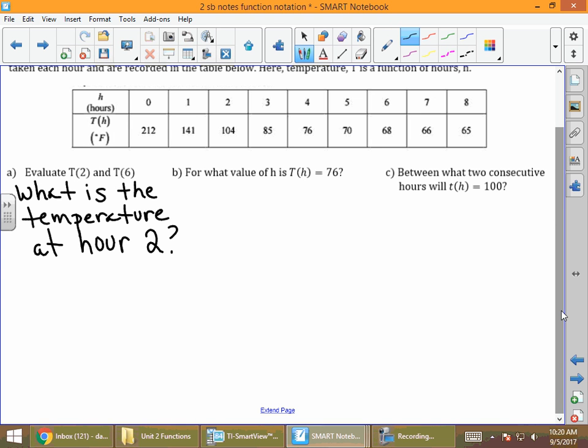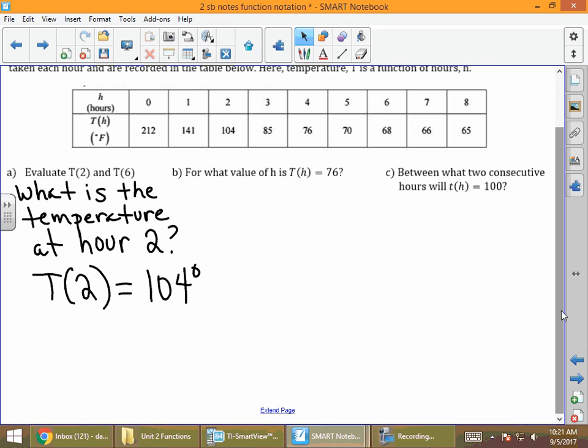But once we know what that terminology means, we go up to our table and find 2 hours. And we look below the 2, and what we see is that at hour 2, our temperature is 104 degrees.